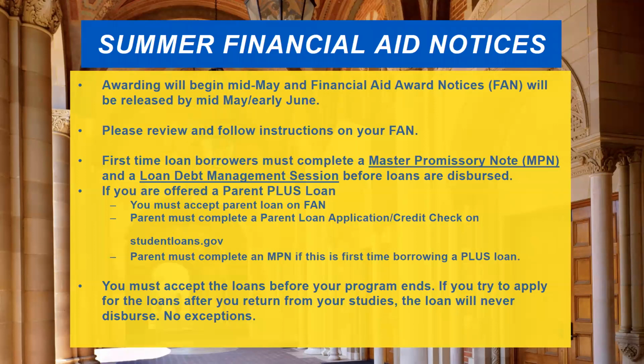We can't process that loan for you. And you also don't want to wait till the last day of the summer term, because that doesn't allow enough time for us. What happens is you accept the loan, you also have to do the master promissory note, the debt management session, or the Plus loan application. All that has to be done before the term is over.